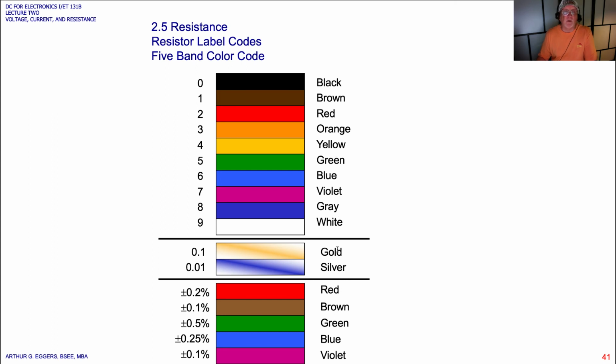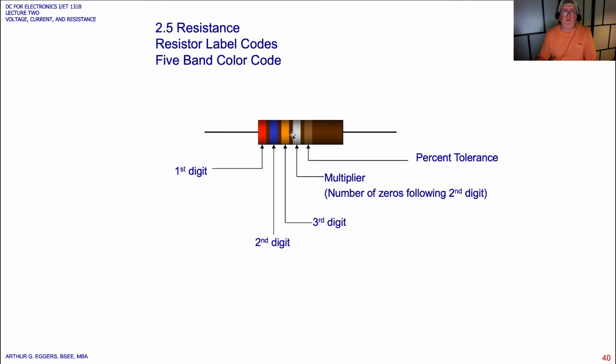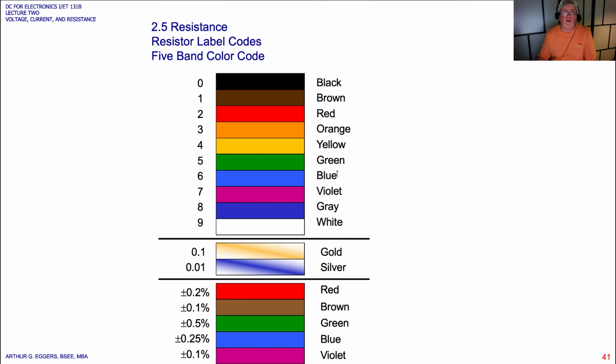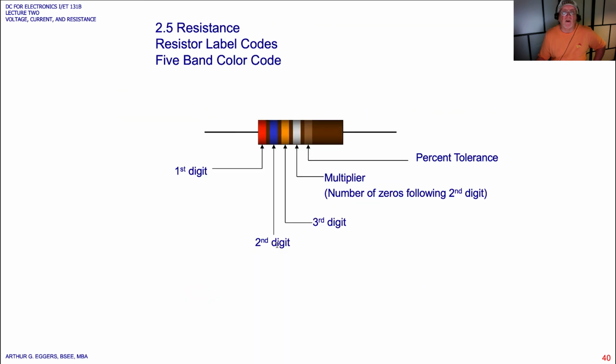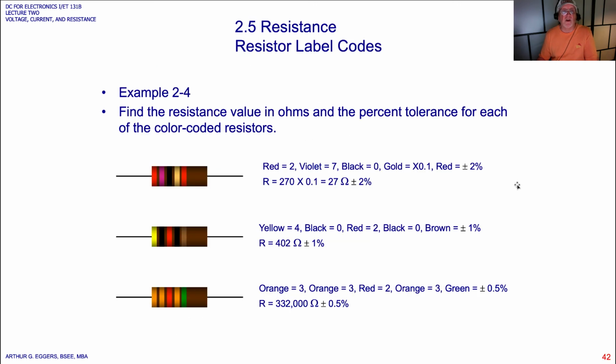We have 0.01 and 0.1 and 0.01 for the next band here, whether that's silver or gold. And then finally we have another set of bands, red, brown, green, blue, and violet, that give us our identifiers here for our percentage. So it's a little different. So you're going to have to keep 2 systems handy depending on what type of resistors are color coded.